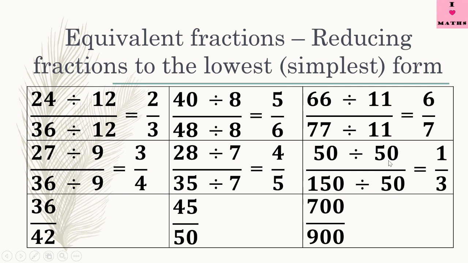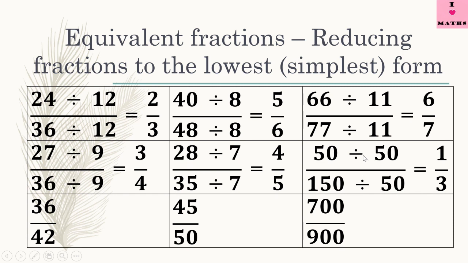Now children, if you know the table of 5, you can make the table of 50 like this. 50 ones are 50, 50 twos are 100, 50 threes are 150, 50 fours are 200 and so on. So children, you can straight away look at this and make out that both of them will come in the table of 50. So 50 divided by 50 is 1 and 150 divided by 50 is 3.